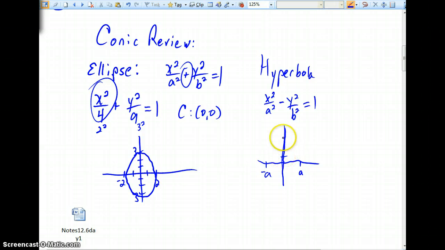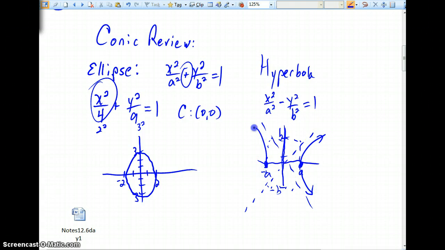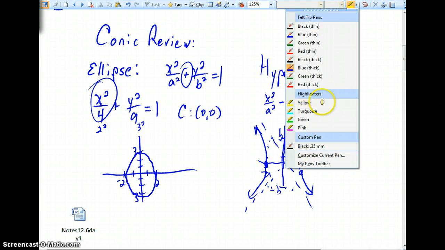I'd move b steps up and b steps below. You might remember we made ourselves a little box, a little rectangle, and the diagonals of that would be the asymptotes of our hyperbola.